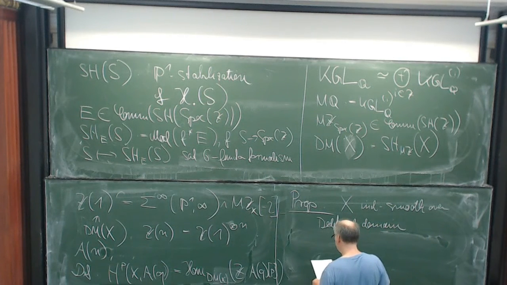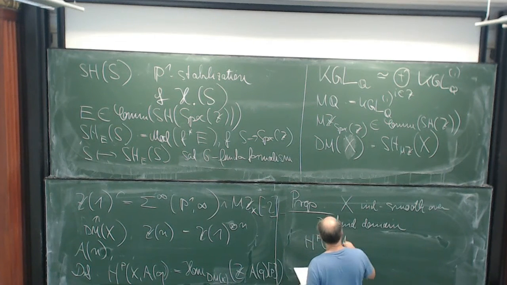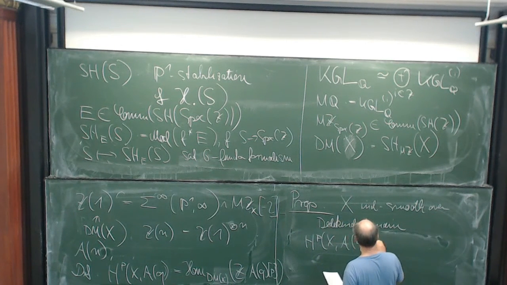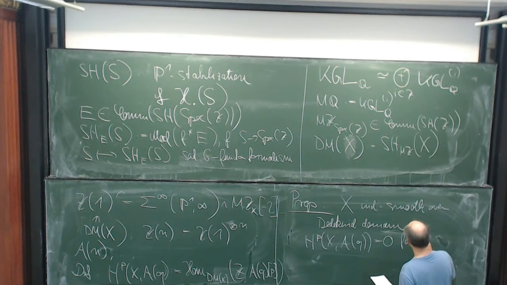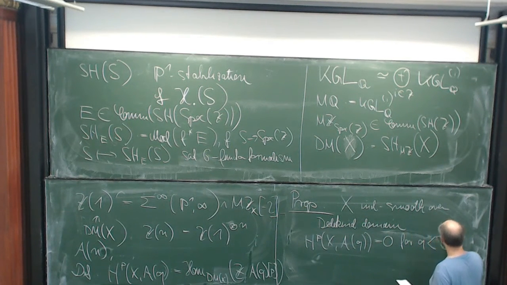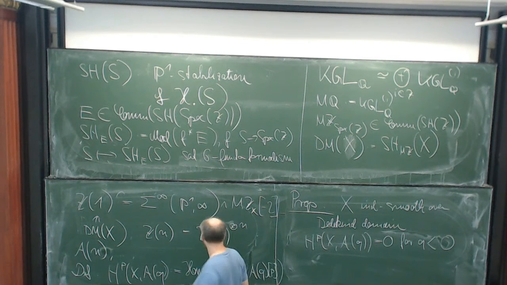Okay, in these cases, we have first of all a truncation property. H_P of X, A of Q is 0 for Q negative. This means that there's no negative weight motivic cohomology. Generally, we don't know this property.